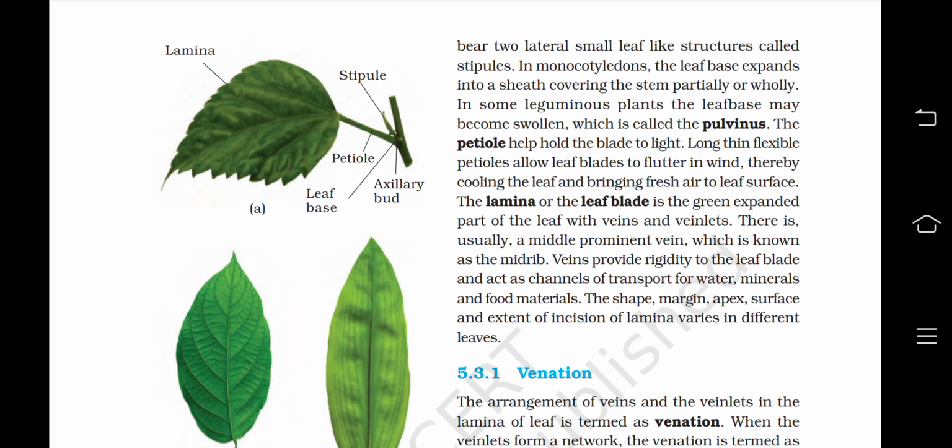The prominent vein in the middle is known as the midrib. Veins provide rigidity to the leaf blade and act as channels of transport for water, minerals and food materials. The shape, margin, apex, surface and extent of incision of lamina vary in different leaves.